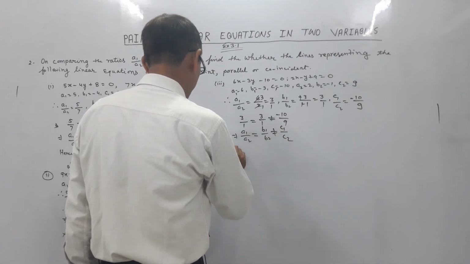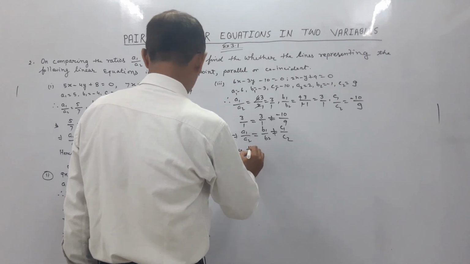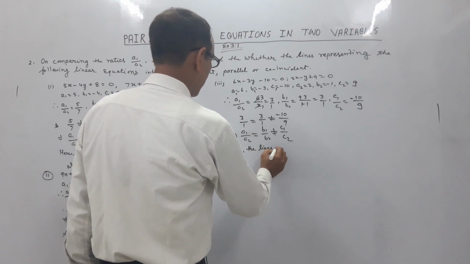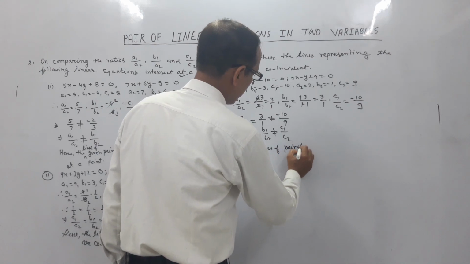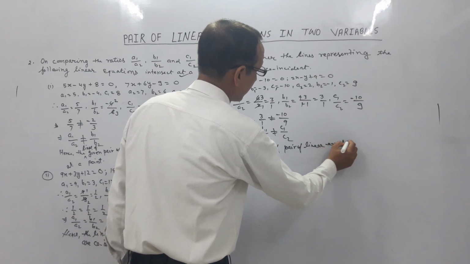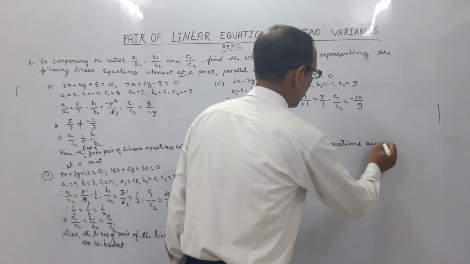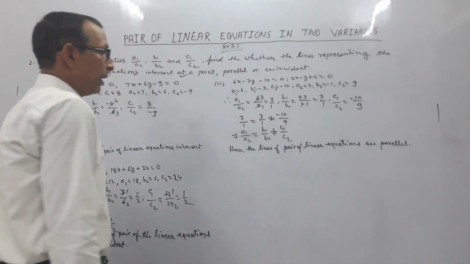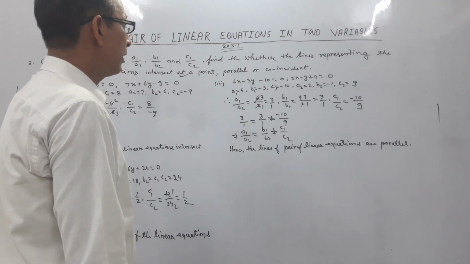Hence the lines of pair of linear equations are parallel.